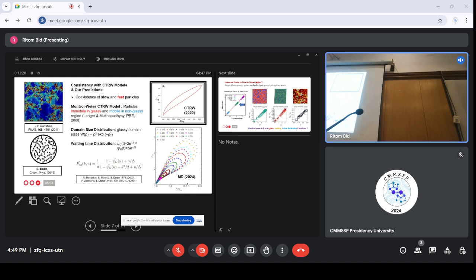We think of the heterogeneous system as a summation of different domains with different scales of heterogeneity. The scale of the domains is given by this rho. There exists a distribution of the domains, and in each domain you have a different waiting time distribution that characterizes the heterogeneity, meaning whether the domains are slow or fast.